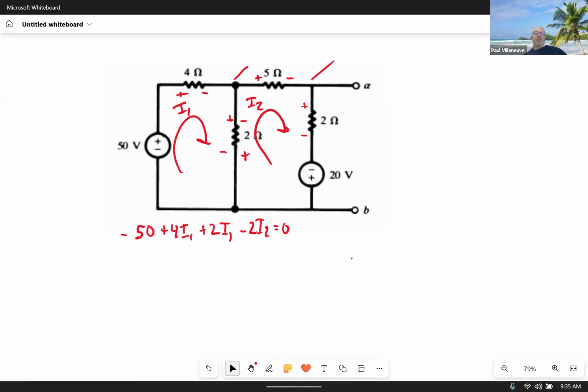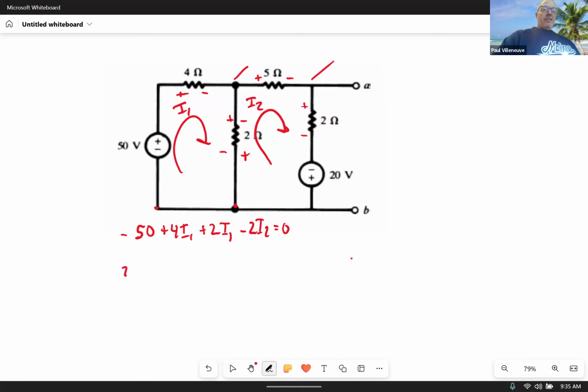That's our first equation. Our second equation, and again, I'm just picking the lower left-hand place to start for consistency, so that I don't forget anything. You can start wherever you want. You just want to make sure you close the loop. I always start in the lower left-hand corner, but you don't have to. That's just how I was taught, and that's what I've been doing for many years.